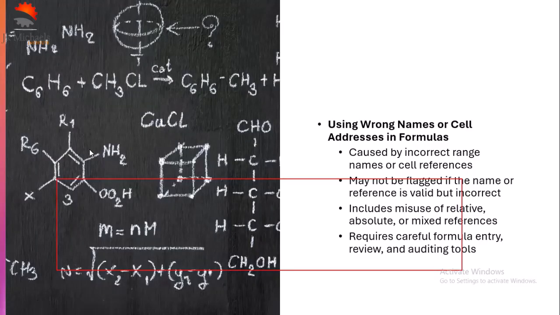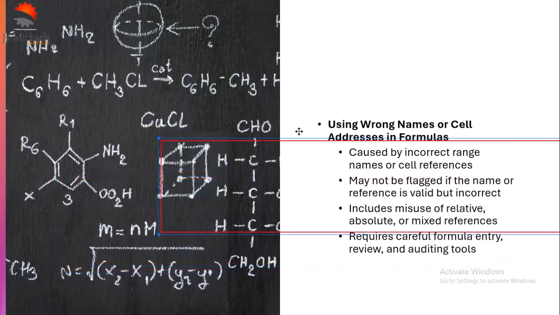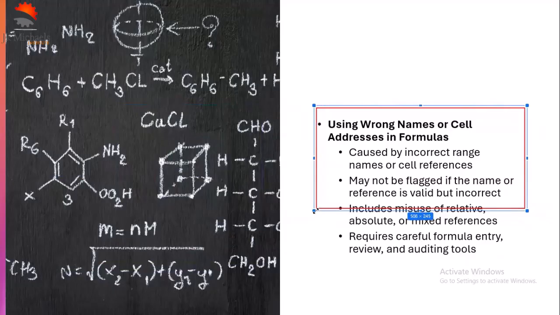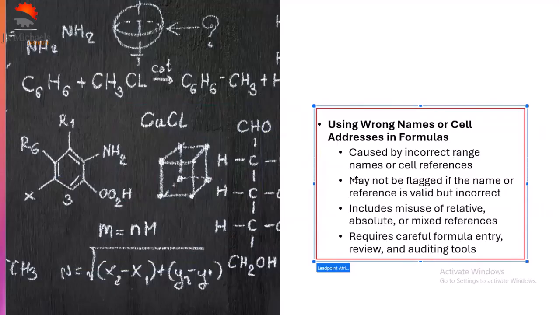Now, another error you would expect to find is what? When using wrong names or cell addresses in formulas, right? So if you have an incorrect name range or cell reference, then you will need to detect it yourself, because it will not be flagged if the name or reference is valid but incorrect.